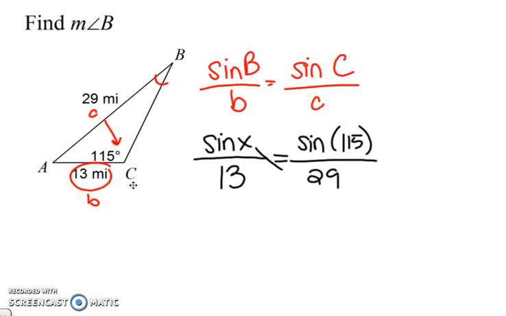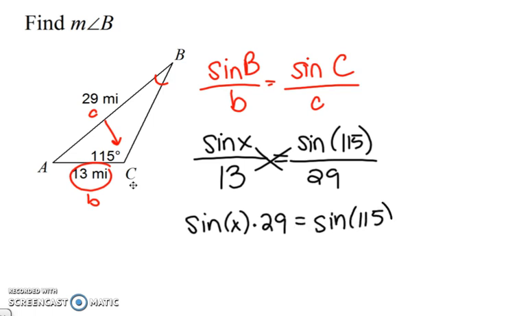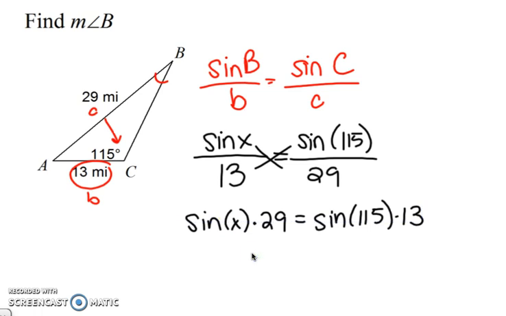So I'm going to cross multiply, and so I would get sine of x times 29 is going to equal sine of 115 times 13. I'm not going to type that in the calculator yet. I need to get x by itself, so I need to divide by 29.